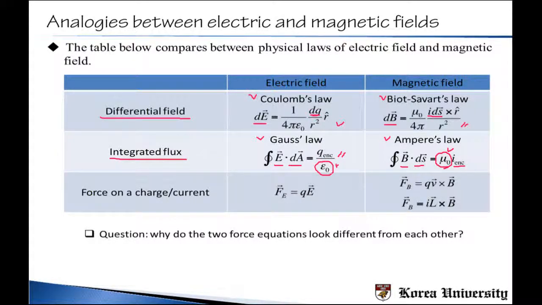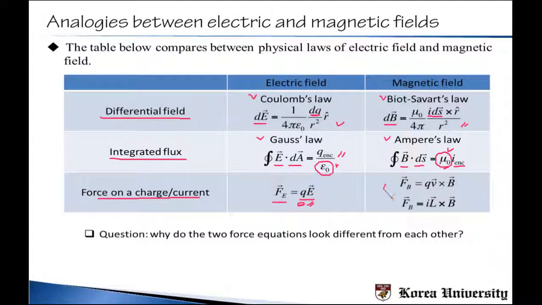Lastly, for the force acting on a charge or current: for the electric field, the electric force or Coulomb force is given as the charge multiplied by the electric field acting on it. Therefore, the direction of the force is either parallel or anti-parallel to the electric field, depending on the sign of the electric charge, right?